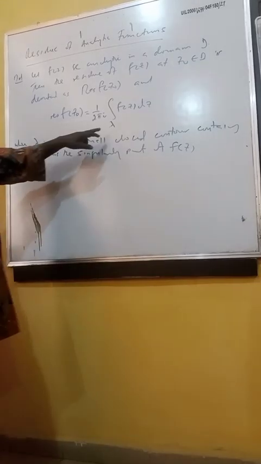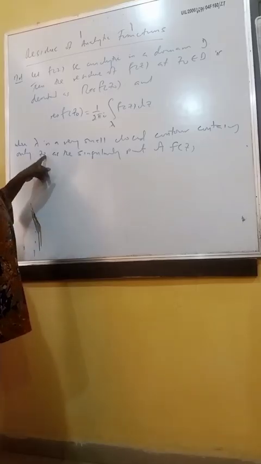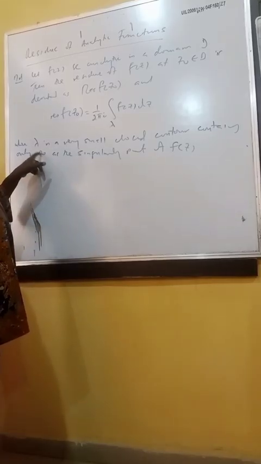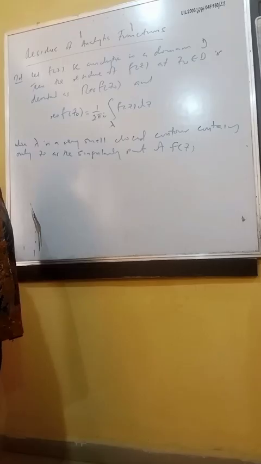So this lambda is a very small circle that contains only z naught as the singularity point of f of z.